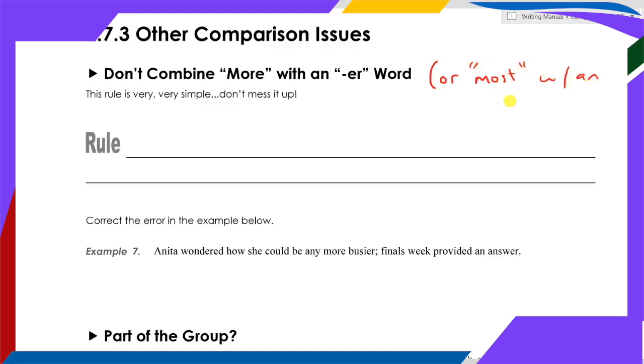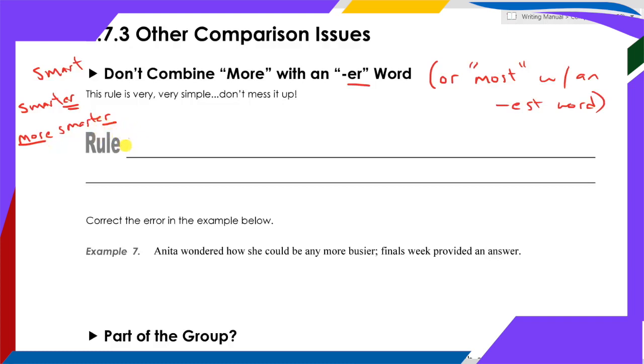Remember that when you put an ER on a word, when I go from smart to smarter, well, what does smarter mean? It means more smart. So if you say more smarter, you are saying more smart, more smart.